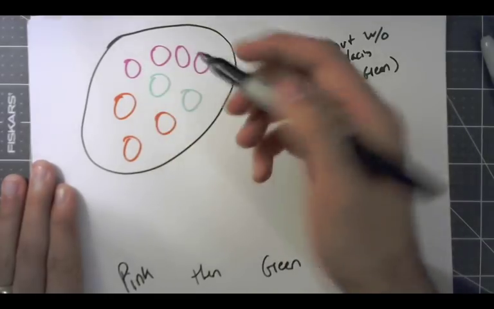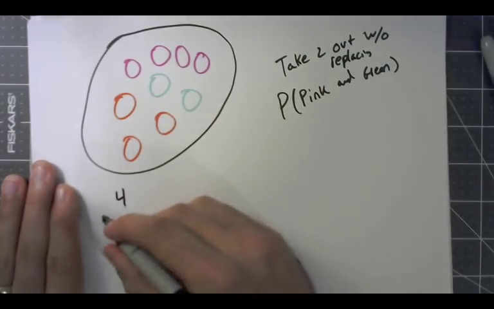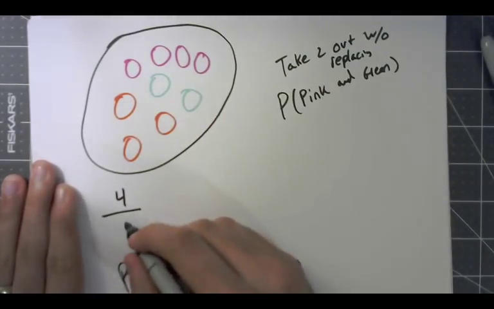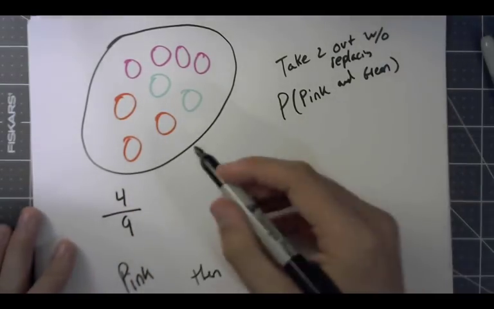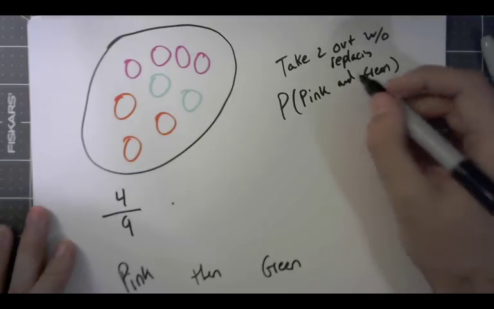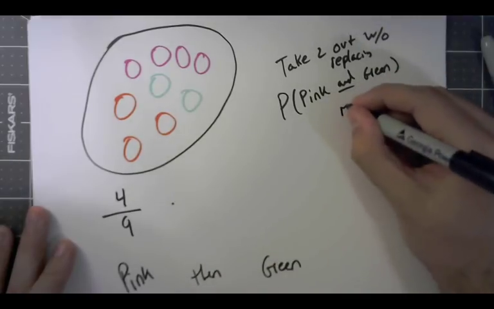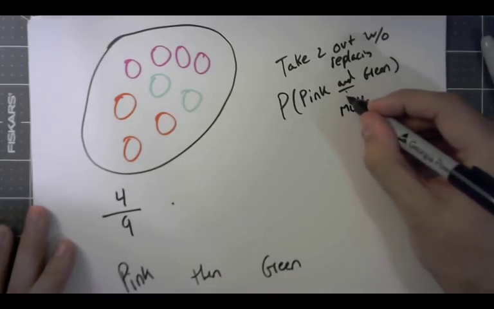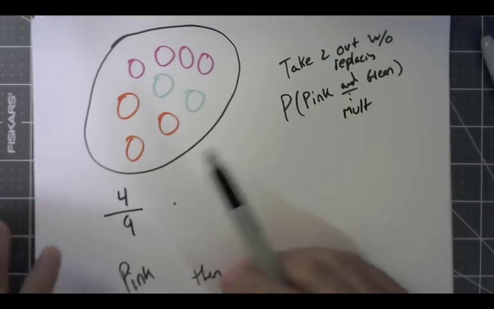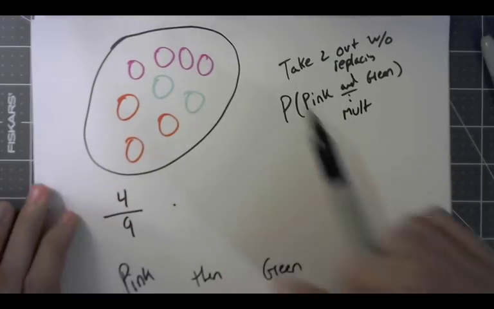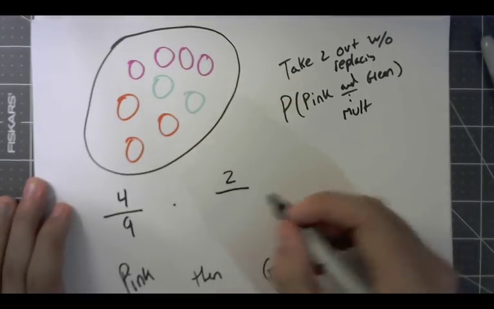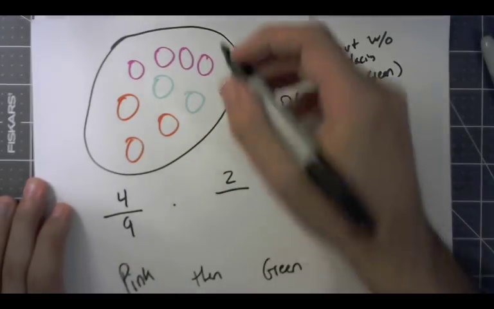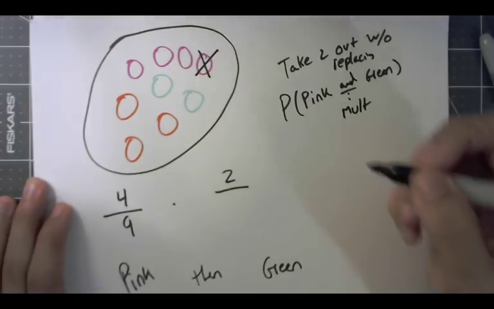The odds I get a pink from here is 4 out of 9. So I have 4 chances to get a pink out of 9. This is an AND problem, so that means I'm going to multiply our first pick by our second one. For green, I have 2 green that I can pick from, and I've already taken 1 out, so that one is gone.